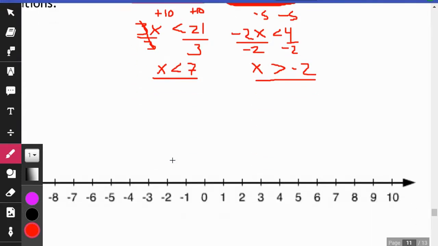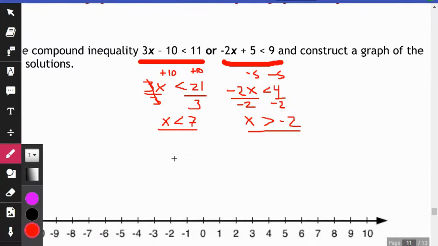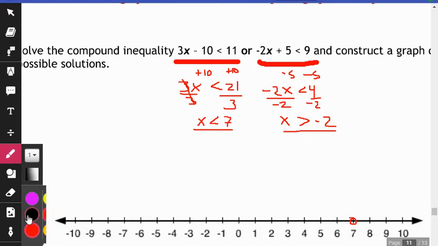Anything less than 7 or greater than negative 2. So that's just the combination of the two graphs. What does that look like? So any numbers that are less than 7, let's do that one first. I'll make this one be purple.